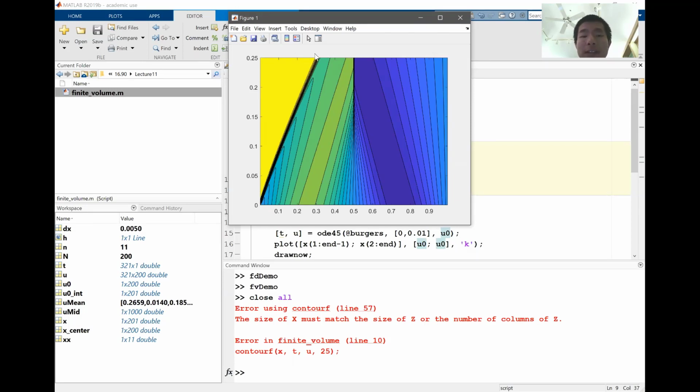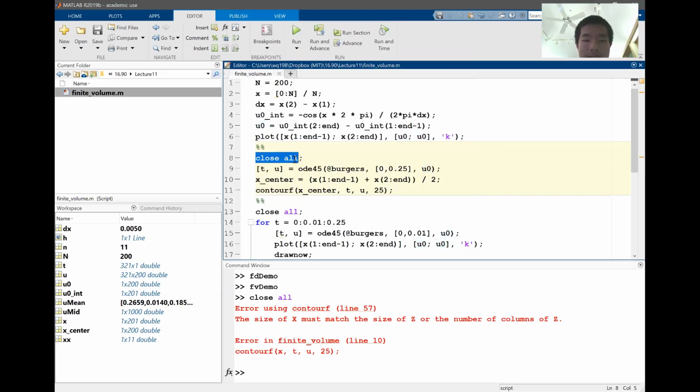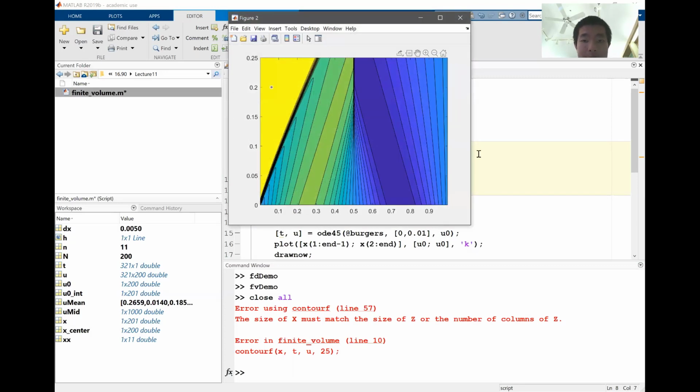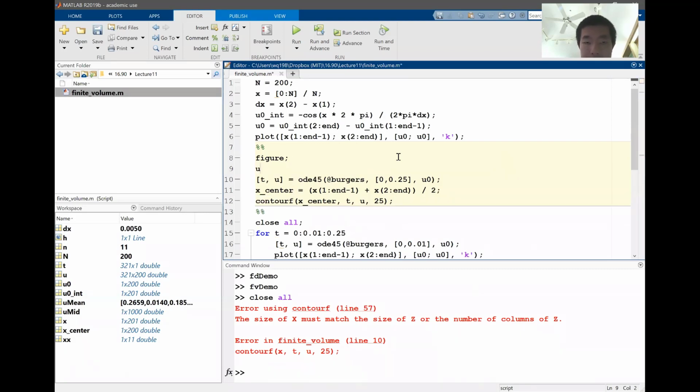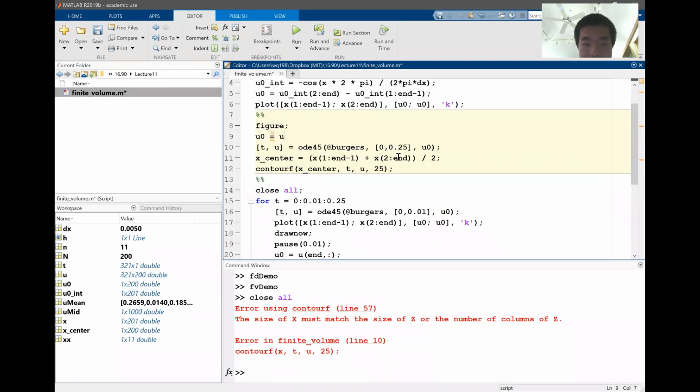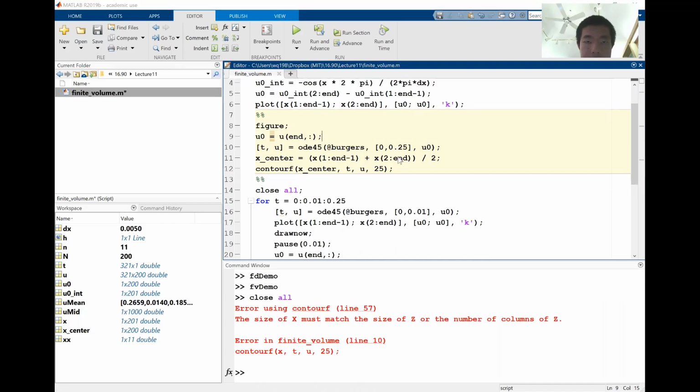Eventually, if you advance the solution forward, as we are going to do here, so instead of closing all, let's do another figure. If you advance the solution more, so here, if you do a figure and u0 equal to u at the end, right?